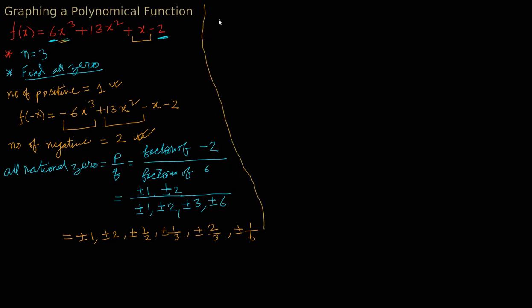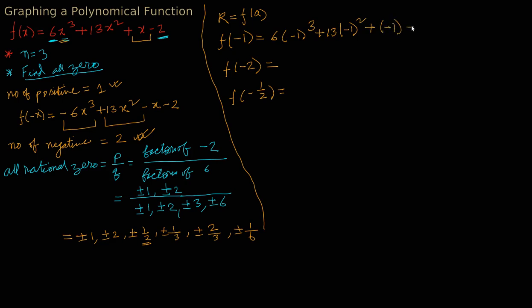I'm going to try to find the remainder. How do we find the remainder? Evaluate the function, and if we find 0, it will be fine. So let's see: f(-1), f(-2), and then f(-1/2), and so on. All right, so let's see what f(-1) is. It is 6 times (-1) cubed plus 13 times (-1) squared plus (-1) minus 2, and you are going to find that this is not 0.